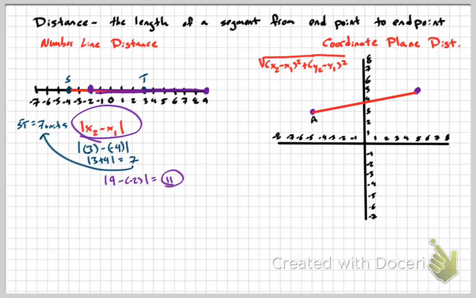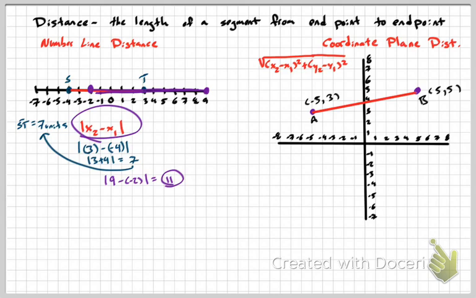So let's label this A and B, and we're trying to find the distance from A to B. What these represent are the values of the x and y at point A and point B. So point A, if we look at our graph, is at -5, 3. Point B is at 5, 5.